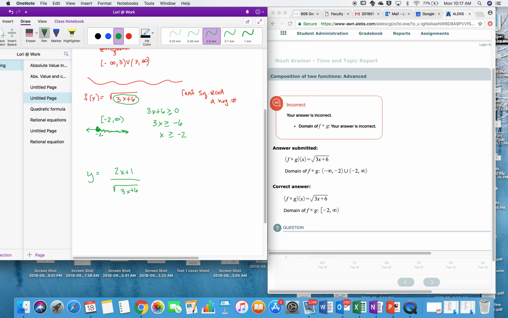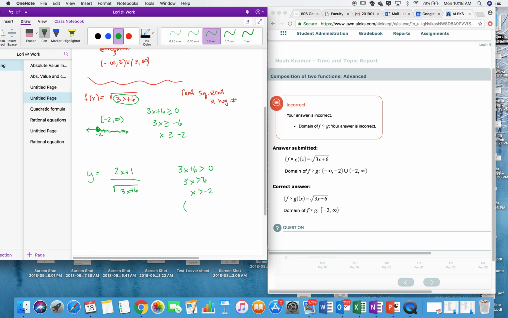For one, I can't take the square root of a negative number, so 3x plus 6 has to be greater than 0. It has to be positive. But now it can't be 0 because it's in a denominator. Because the square root is in a denominator, I cannot include 0. 3x plus 6 has to be strictly greater than 0. So 3x has to be greater than negative 6, and x greater than negative 2.